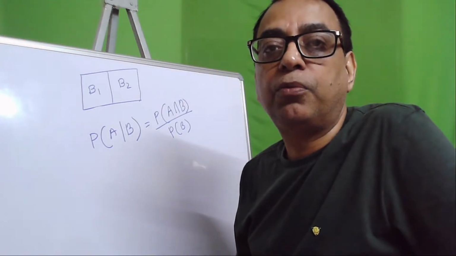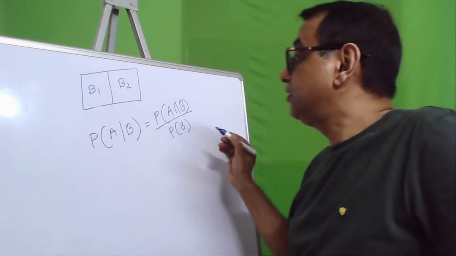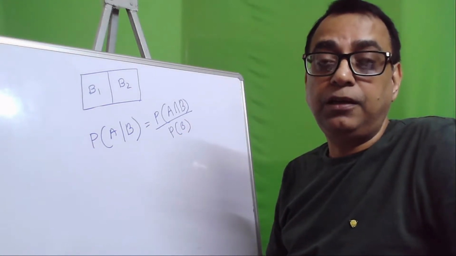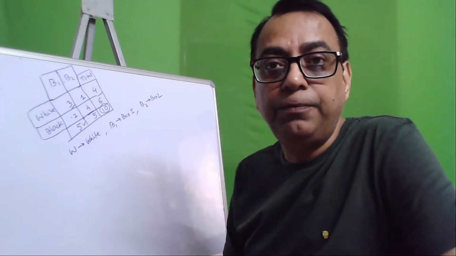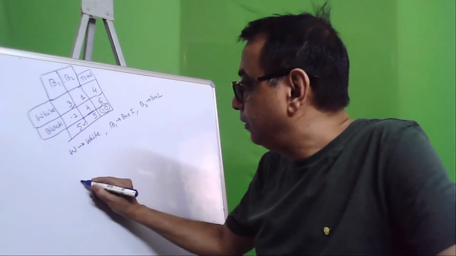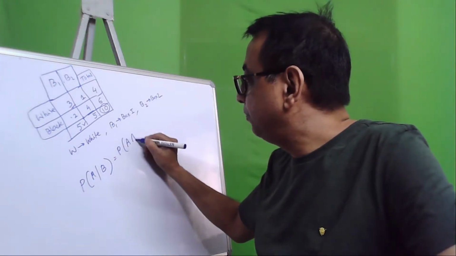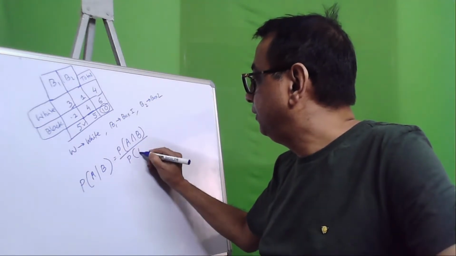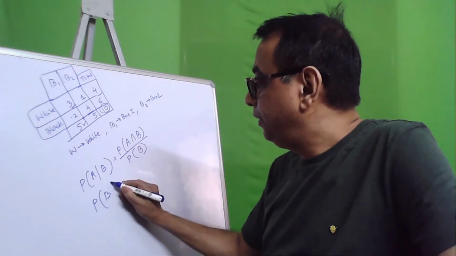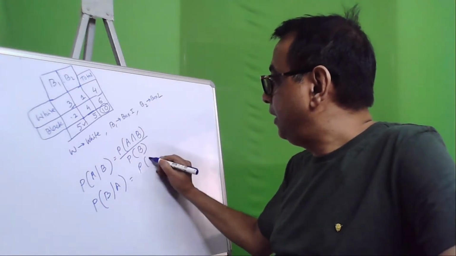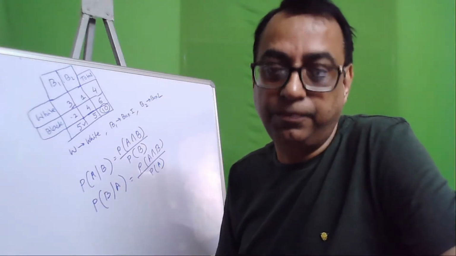Let me generalize this. In general, the probability of A given B, or the conditional probability of A given that event B has occurred, is given by this formula: probability of A intersection B divided by probability of B. Similarly, P of B given A is P of A intersection B divided by probability of A, using a similar rationale.